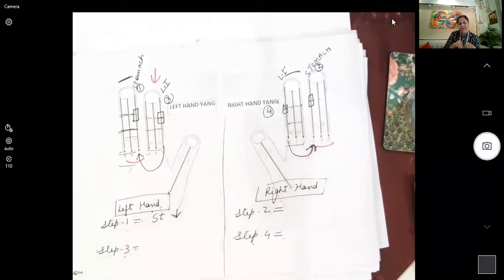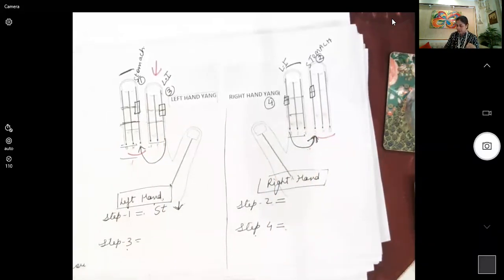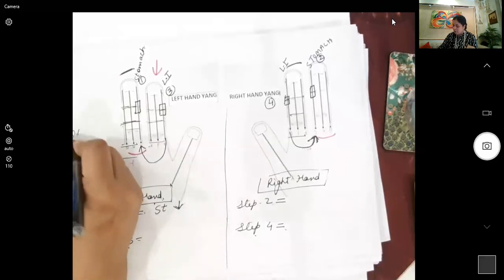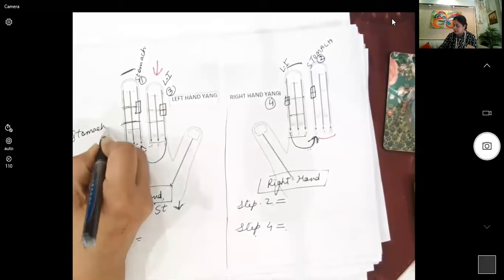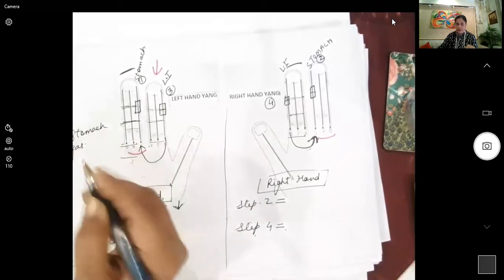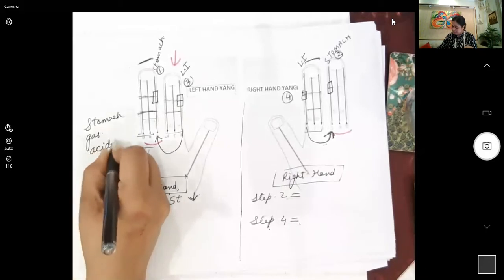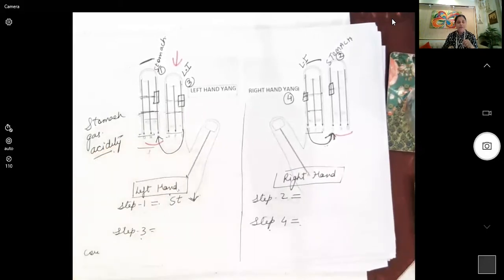But if the person doesn't have any discomfort, then you can smoothly flow with all four steps. So first we will do one case. This is one patient of stomach gas and acidity.